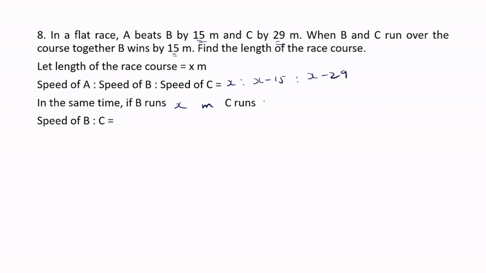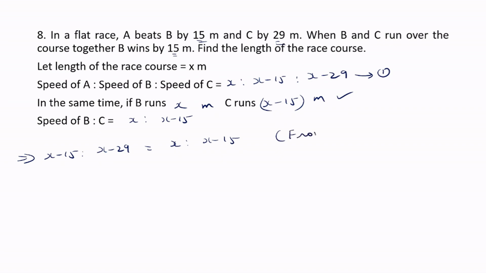The meaning is that C runs x minus 15 meters. So from this information, speed of B is to C is x is to x minus 15. So from here we have speed of B is to C is x minus 15 is to x minus 29. This implies x minus 15 is to x minus 29 equal to x is to x minus 15. This is from 1.